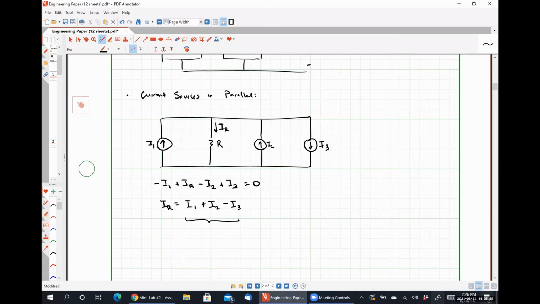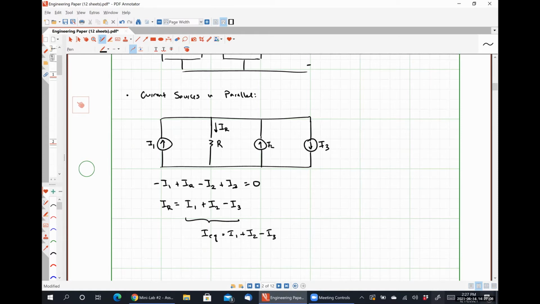And so from the perspective of the resistor, it sees a total current of IEQ is equal to I1 plus I2 minus I3. And so the convention here is that current sources that are in parallel, when they have the same direction, they add together, and when they have opposite directions, they tend to cancel each other out.